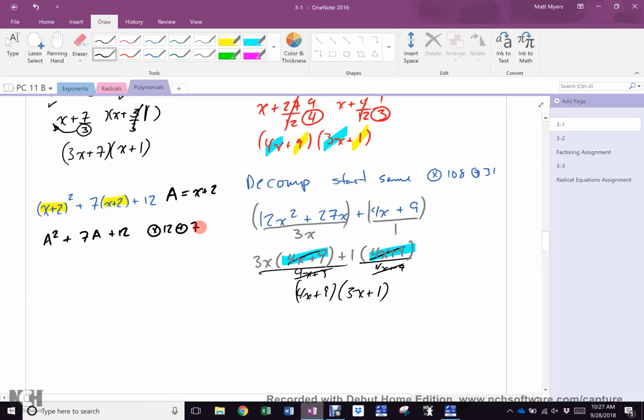What is it? 4 and 3. So it is a plus 4, a plus 3. But there is no a in the original question, is there? What is a? x plus 2 plus 4. What is a? x plus 2 plus 3. x plus 6. x plus 5. Everybody cool?